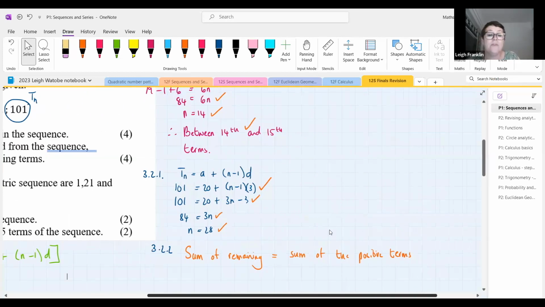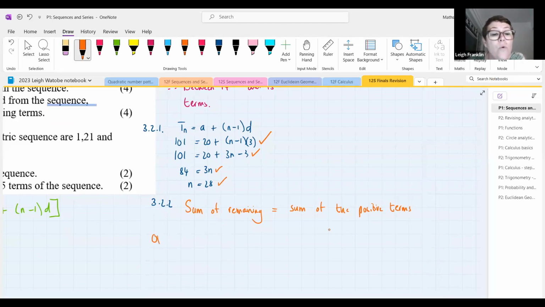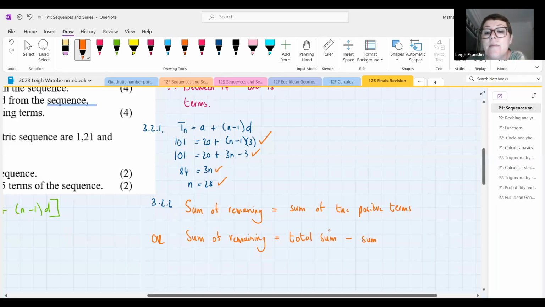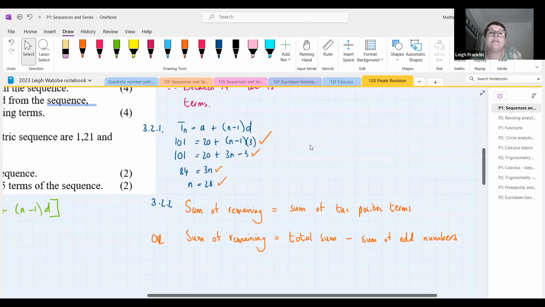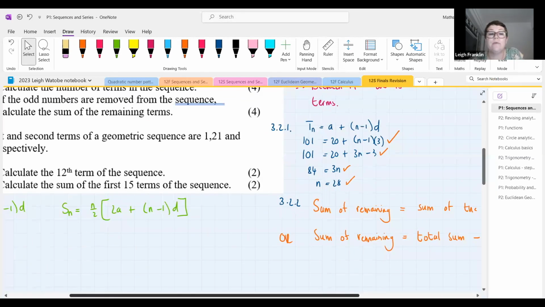So the other way that you could look at it is, the sum of the remaining numbers is going to be the total sum minus the sum of the odd numbers. Now, does that make sense to everybody before I embark on my solution?